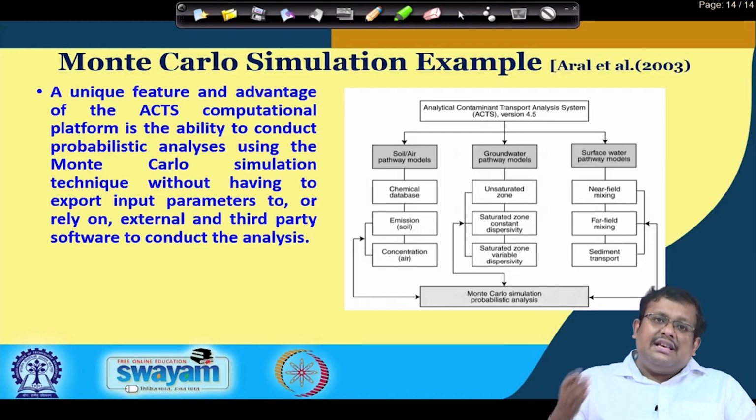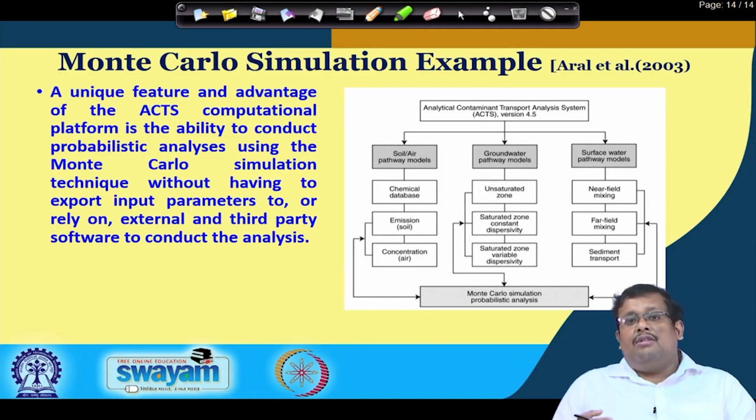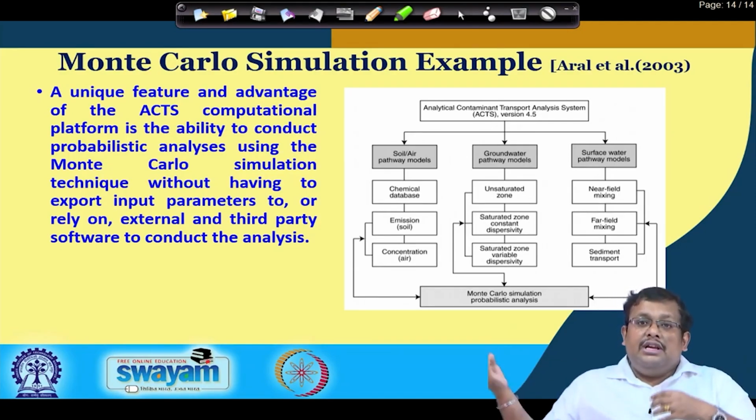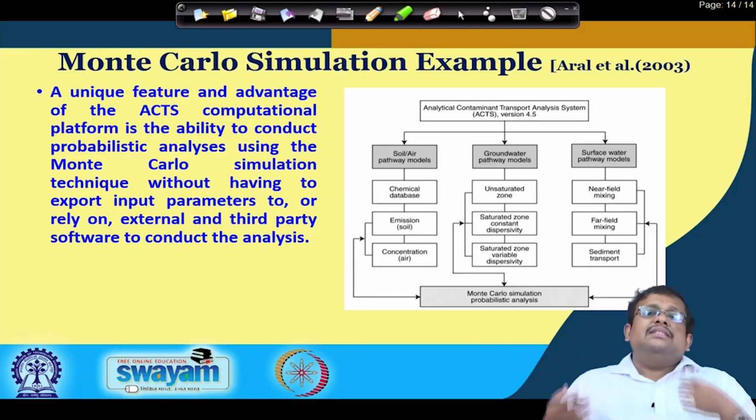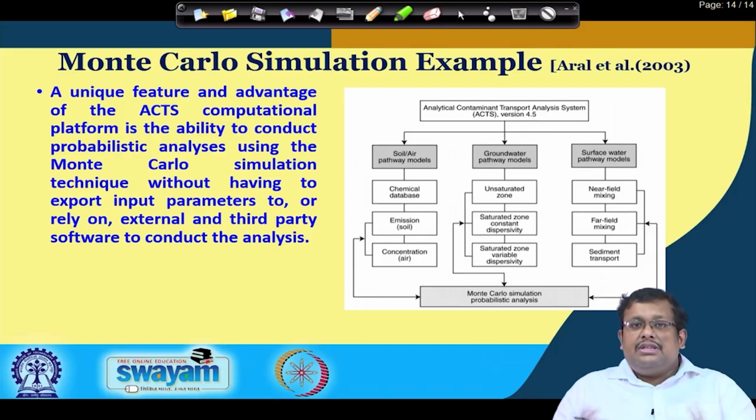For ACTS, it has the ability to use this Monte Carlo simulation, so we do not need any third party software to conduct this analysis for the input parameters. So, this is the benefit of using Monte Carlo simulation in different types of fate and transport models.